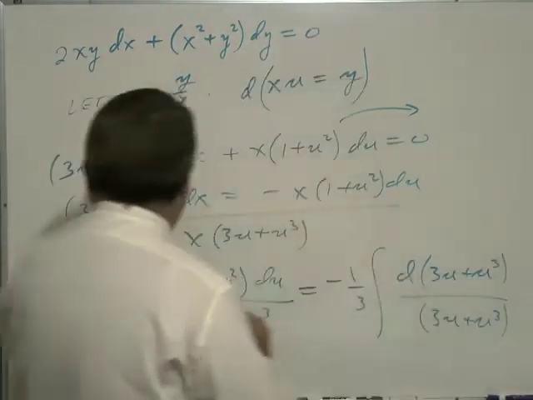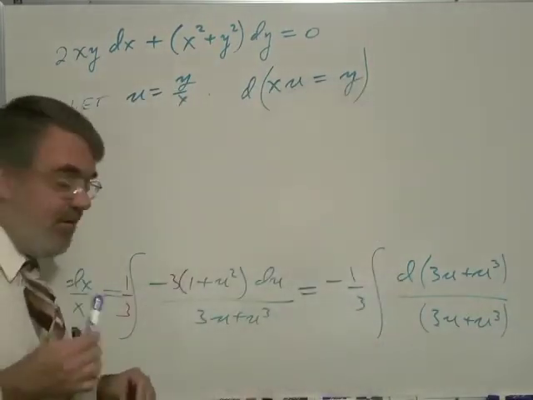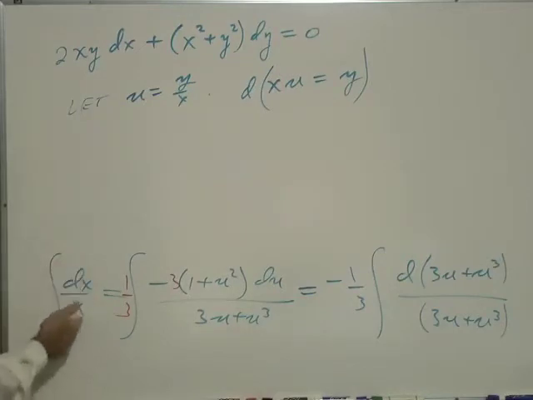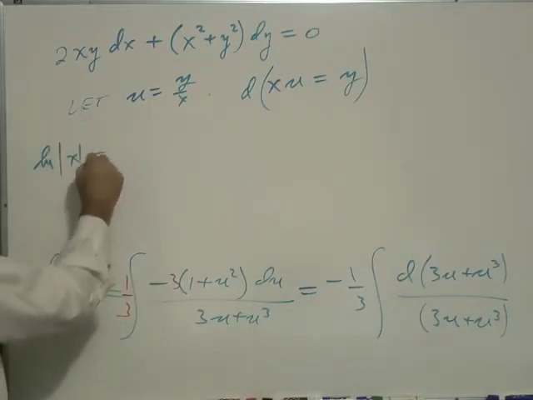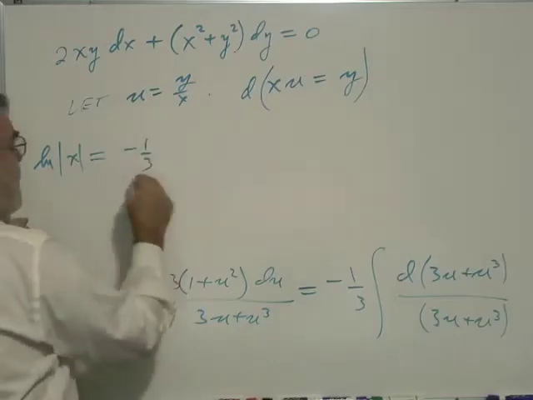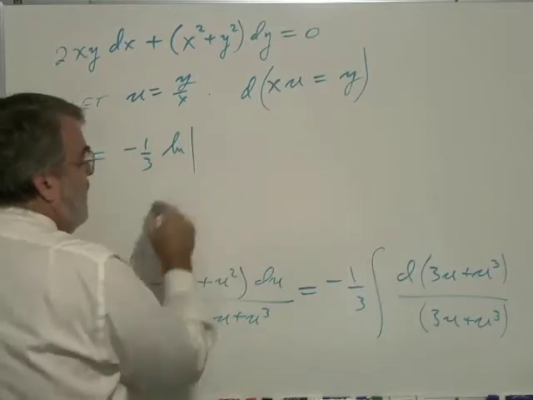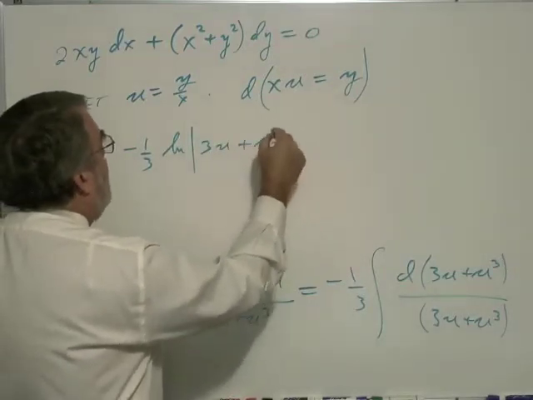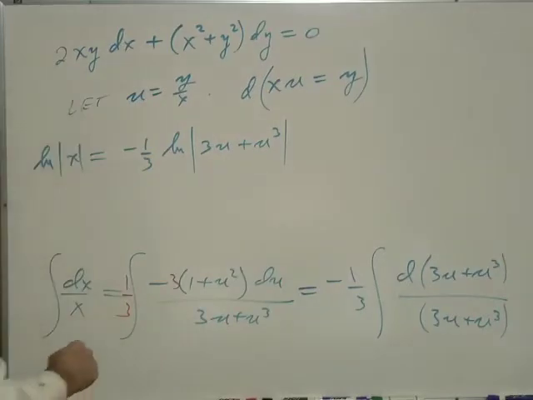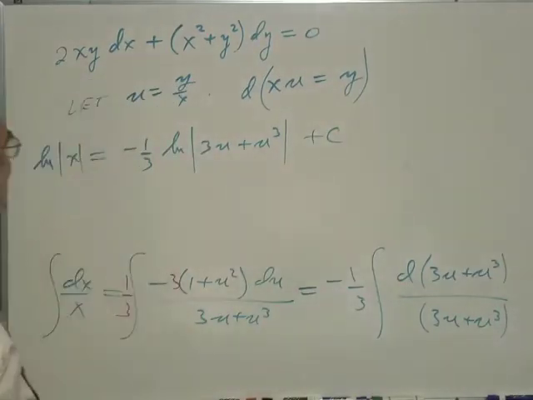Alright, well, I need to make some more room here. Okay, so let's integrate. Here I've got natural log absolute value of x equals minus 1/3, and again, here's a logarithm, natural log absolute value 3u plus u cubed, and then we need our plus c, our plus constant.